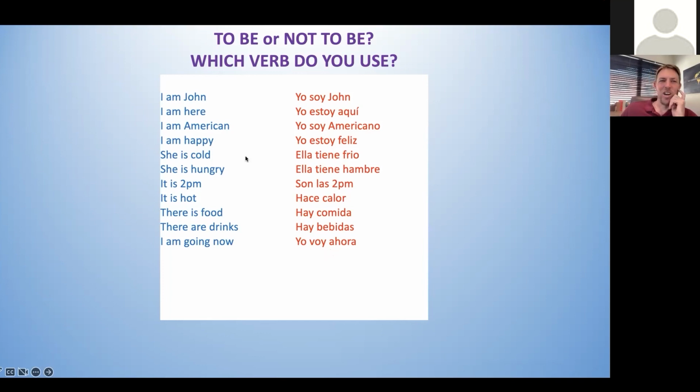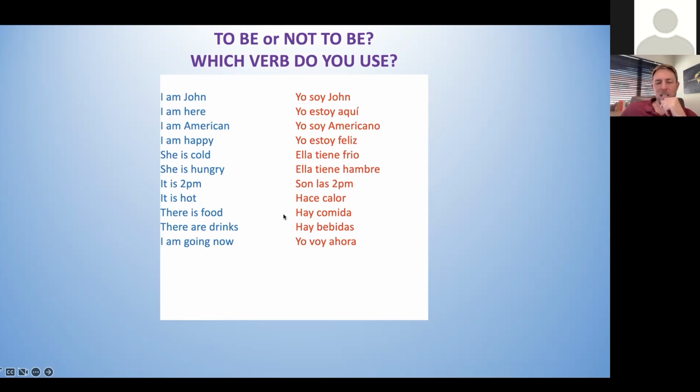Wow. All right. So in English is a lot easier, right? Exactly. Is, am, are, is, am, are, is, am, are. Those are the to be verbs. In Spanish, we have soy, estoy, tiene, son, hace, hay, voy. There's so many things.